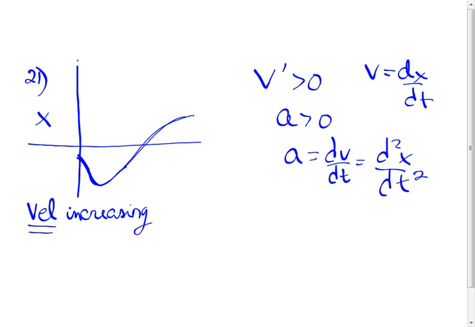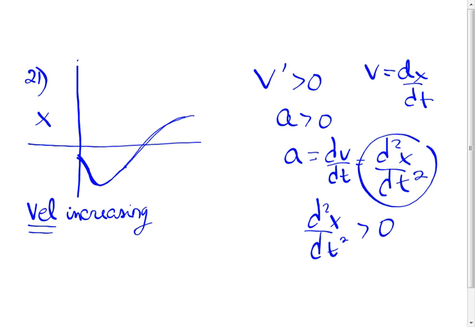Okay, how do you know if the acceleration is positive? If this is the second derivative, that's what we want, the second derivative of the position to be positive. What does that tell you about concavity? It's concave up. Okay, Courtney? So where is this function concave up?